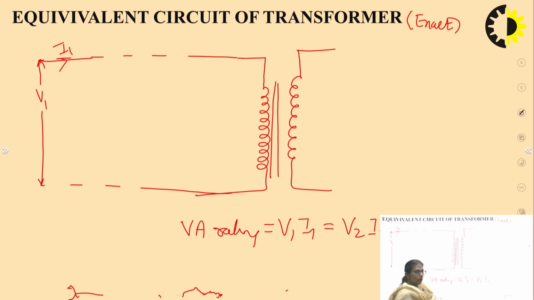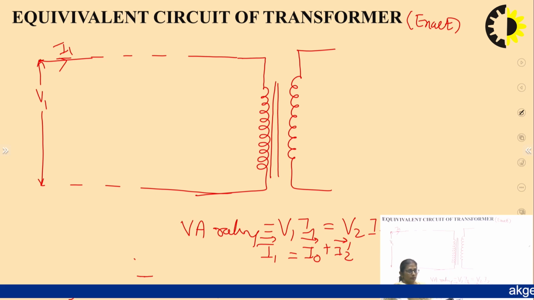We once again know that this input current is basically the phasor addition of two currents, I0 and I2 dash, where I0 is the no load current and I2 dash is that extra current taken by the transformer when loaded compared to the no load condition, right? So once again it is the addition of two currents, I0 and I2 dash.